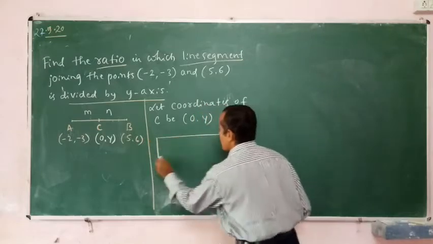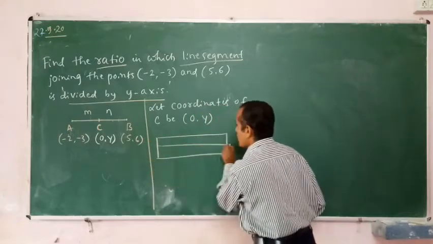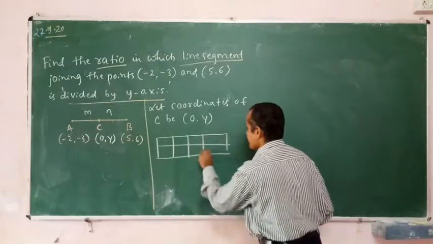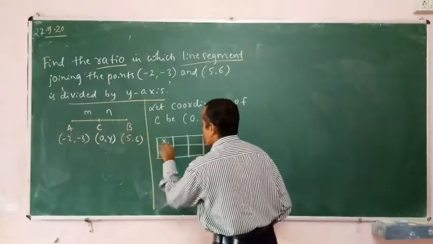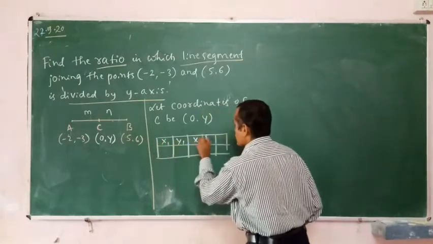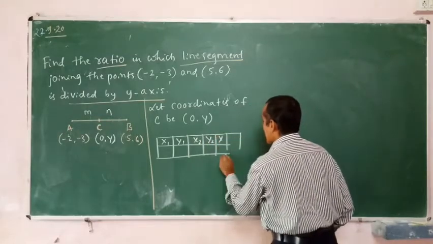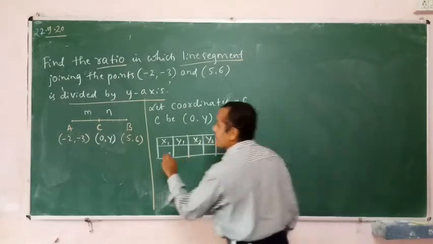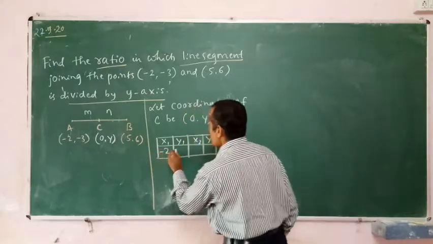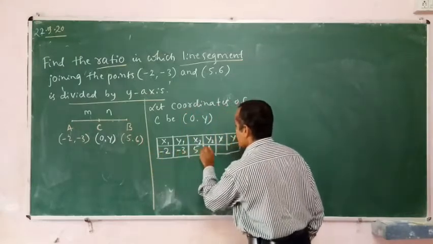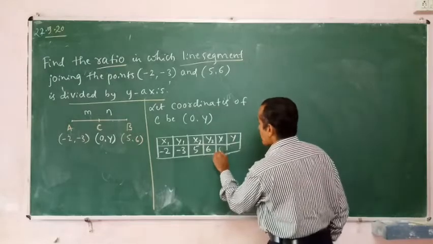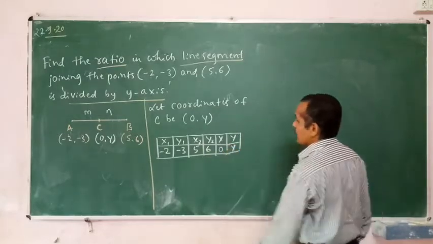Before that, if you want, you can note down what are the values. It is x1, y1, x2, y2, x and y. Come on. It is -2, -3, 5, 6, 0 and y remains y only.